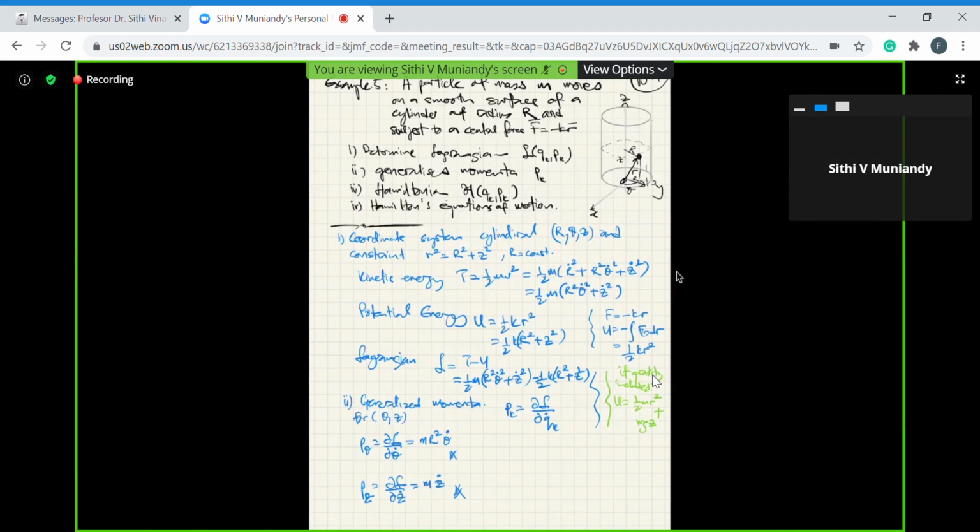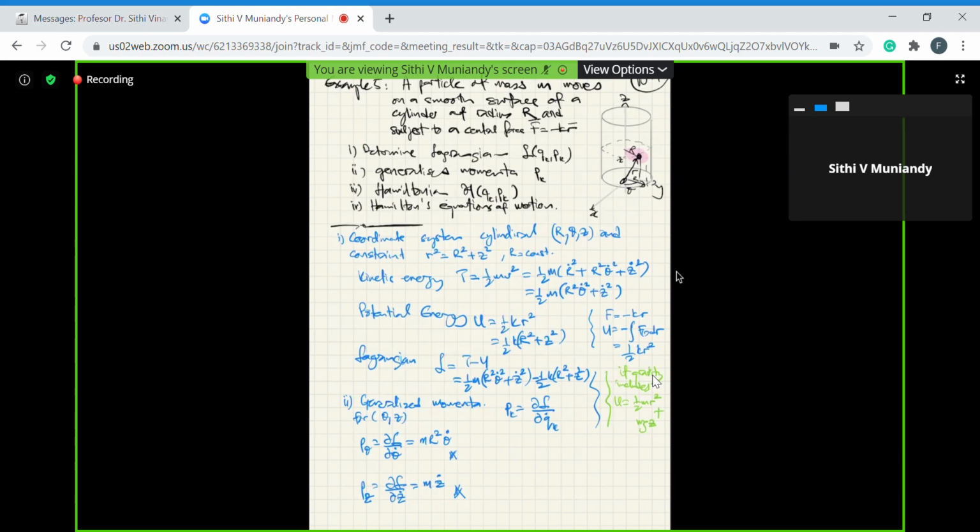First, let's consider the example here: a particle of mass m moves on a smooth surface. That means there is no friction, on a cylinder, the interior or exterior, it doesn't matter, and is subjected to a central force.